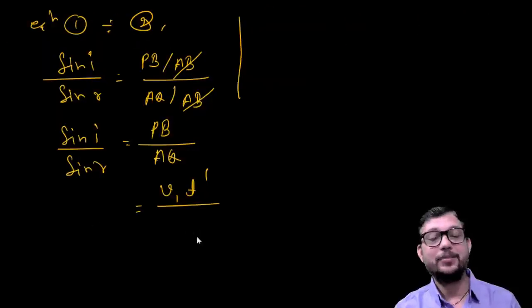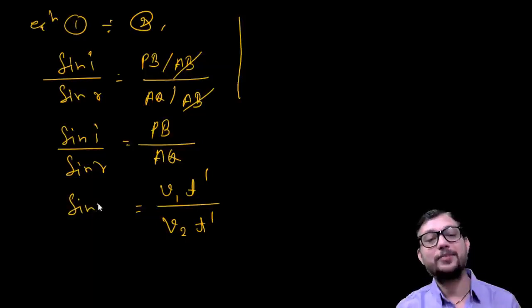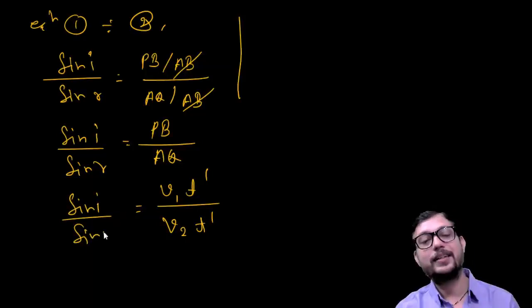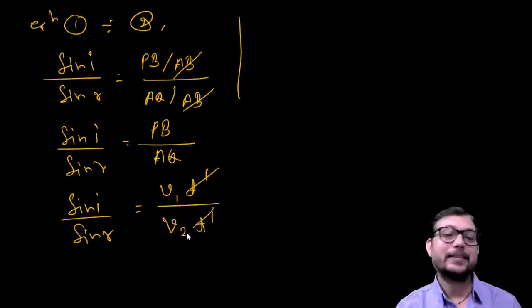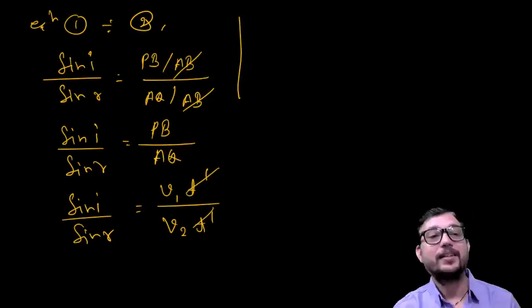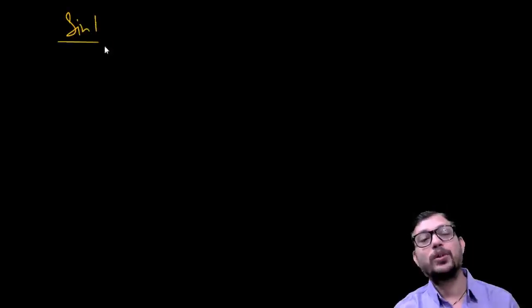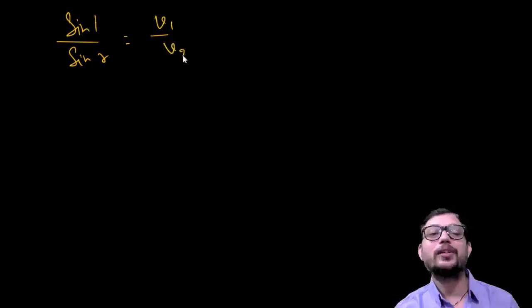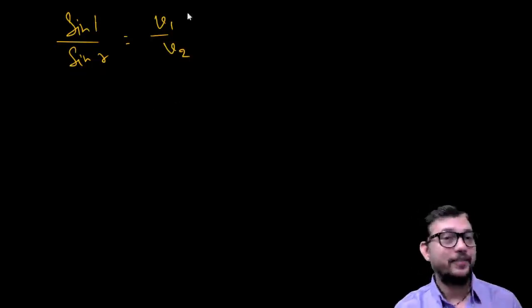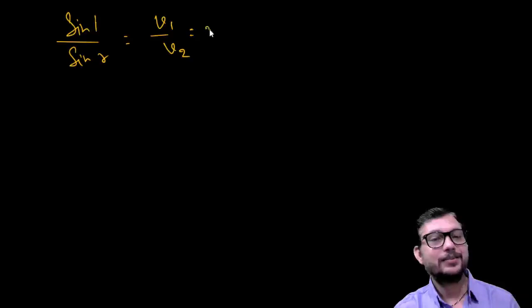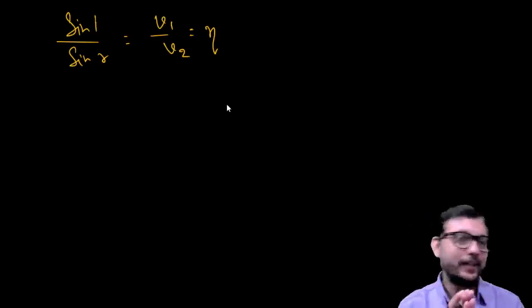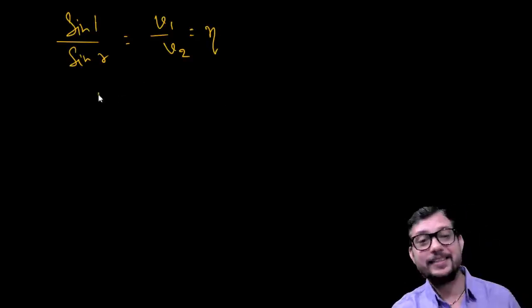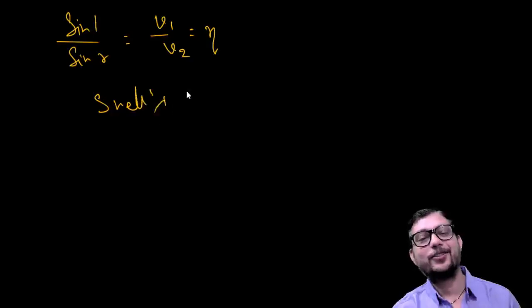So it can be written as v2 t dash, and this will be sine I over sine R. So t dash and t dash cancel out, and we have the result that sine I over sine R is equal to v1 over v2. And we know that v1 over v2 is nothing but eta, the refractive index of the medium, and this is your Snell's law.